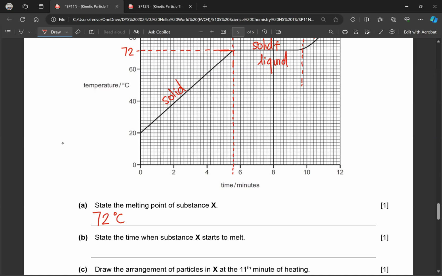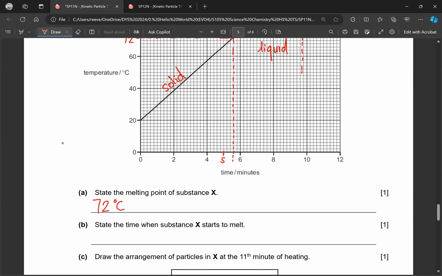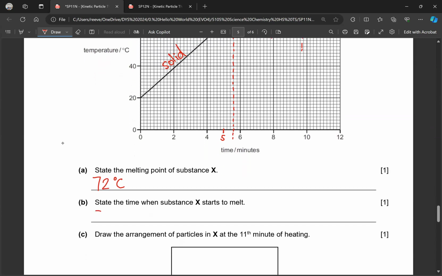Right in the middle, this is 5. So I think it's 5.6 minutes. Every small square is 0.2.